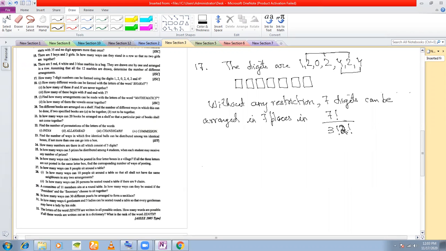Now the problem here is, what about those numbers which have zero here? Then what will happen? The numbers that begin with zero cannot be 7-digit numbers, right? This number of arrangements includes numbers that begin with zero also. So I need to remove those numbers that begin with zero.